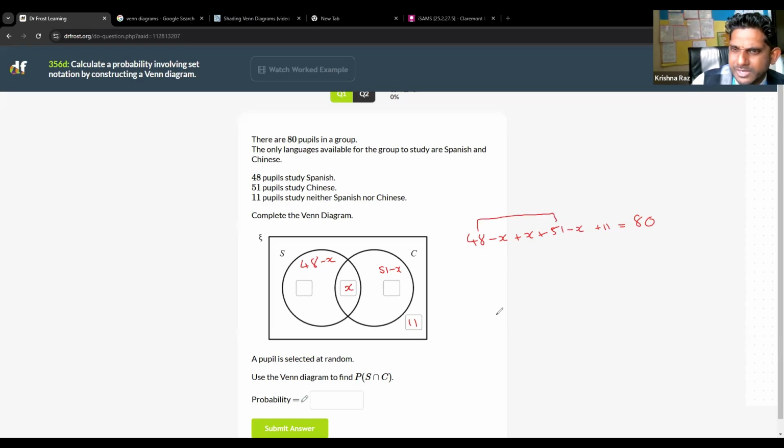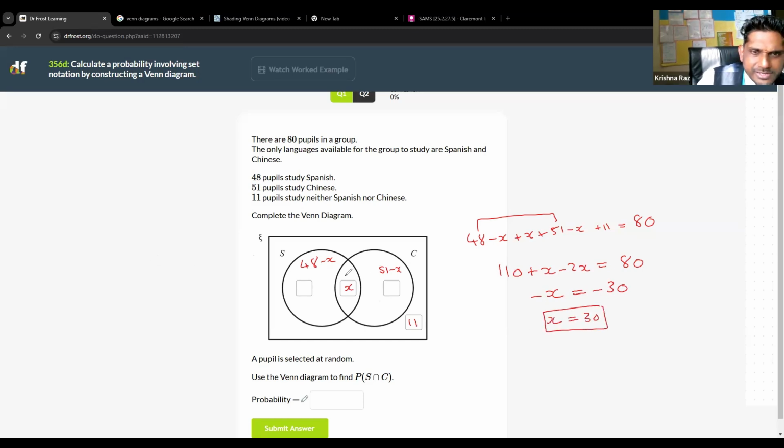So that gives me 99, plus 11 gives me 110. So 110 minus 2x equals 80. So that means minus x equals minus 30, so x is 30.